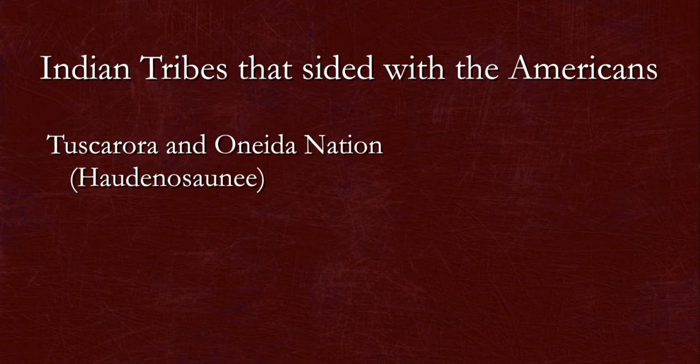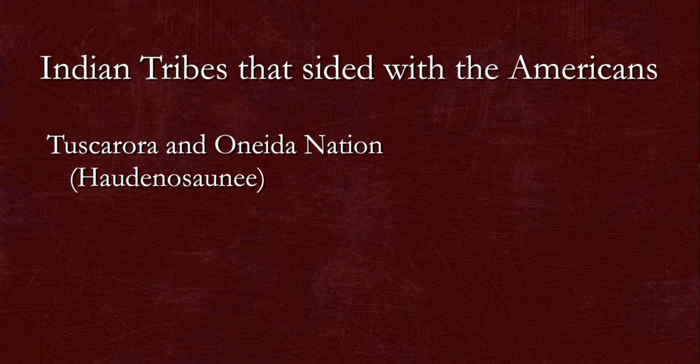There were some tribes that agreed to ally with the Americans in rebellion. And the Americans, once tribes were siding with the British, started actively seeking allies. The Tuscarora Nation and the Oneida Nation of the Haudenosaunee or Iroquois Confederacy agreed to ally with the United States.